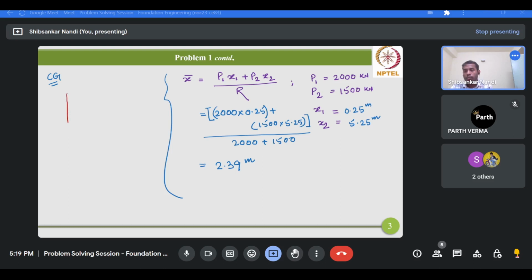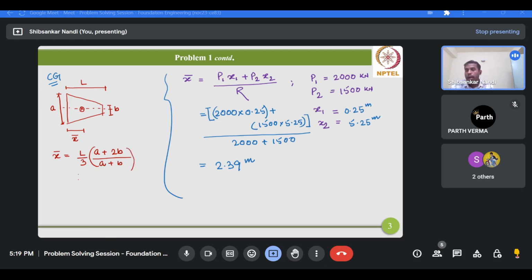So if this is the trapezoidal section with a length L and the sides as A and B, the CG from the left side, with this dimension x bar, will be L by 3 times (A plus 2B) divided by (A plus B).